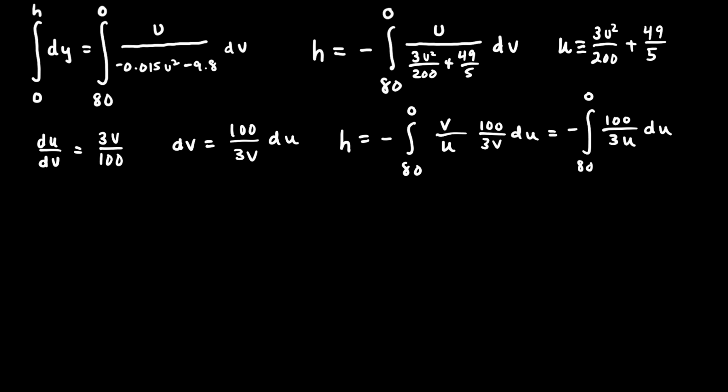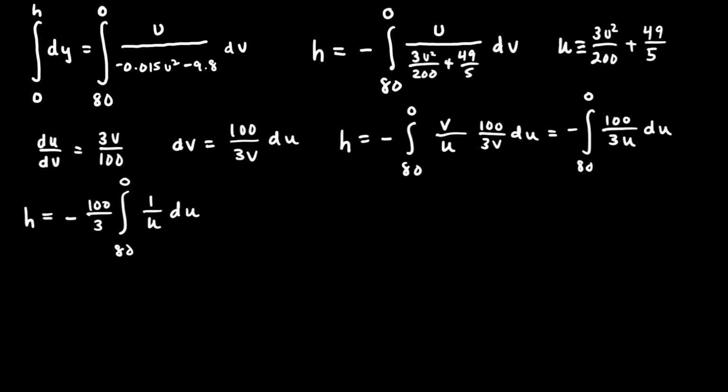And so, of course, this could be simplified where that 100 over 3 is a constant, and I can pull that out. So minus 100 over 3 times the integral from 80 to 0 of 1 over u du.